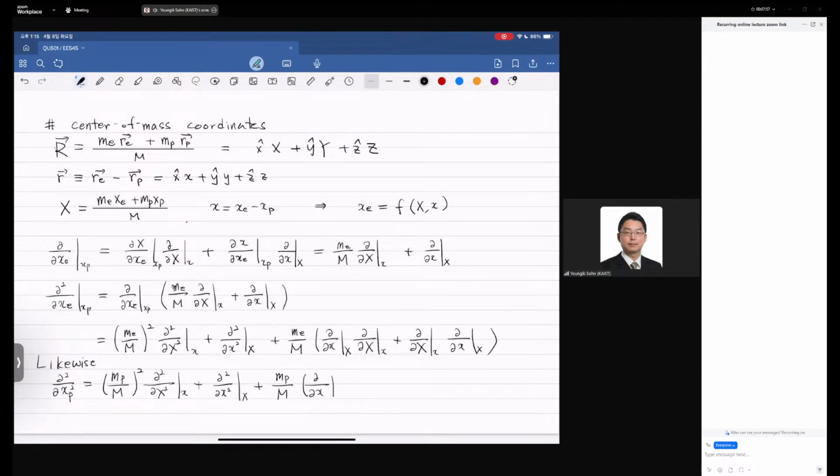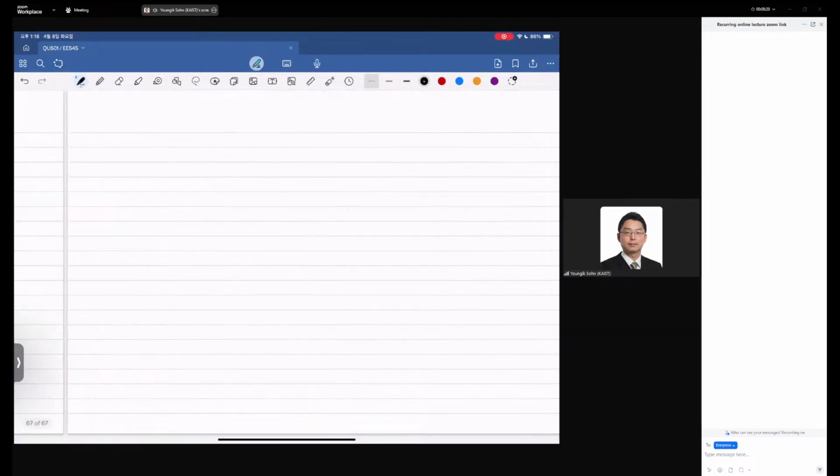Everything else is the same here. Okay, so it's all about writing down equations. The whole idea is just parameter mapping. And then let's write down the full expression of the kinetic energy.